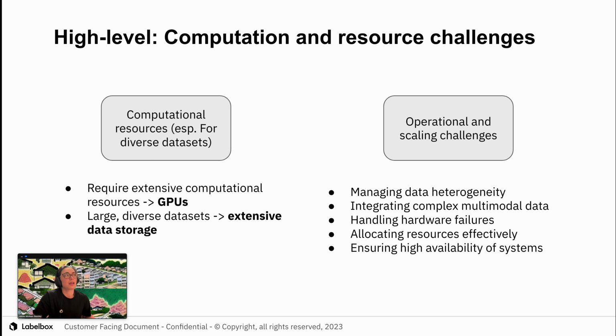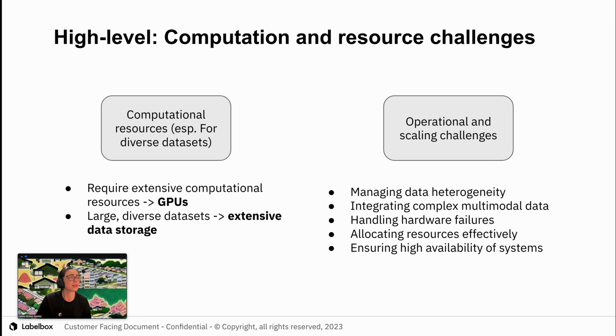We have computational resource challenges. Multimodal models, like LLMs, can require pretty extensive computational resources, especially if you're training them. So you might need a lot of GPUs. Typically you're dealing with large diverse data sets, so you need some amount of extensive data storage.